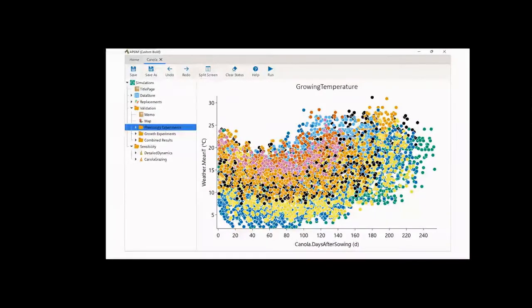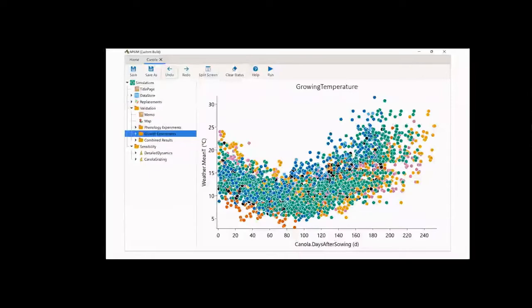We can see there's a range of about 20 degrees in mean temperature for various timings after sowing. So that gives us a good data set. And there are also photoperiod extension data sets inside that as well. So it's quite a thorough testing of this initial version of the model.